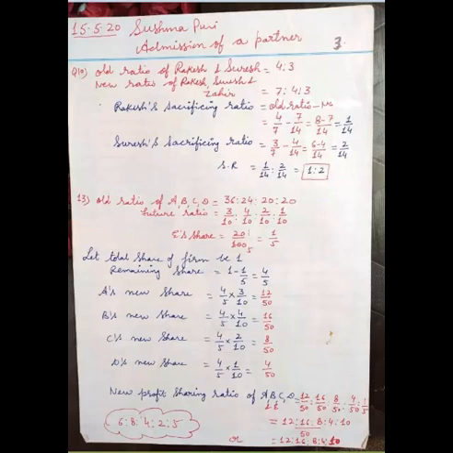Any doubt? Now question number 13. A, B, C, D are in partnership, sharing profits and losses in the ratio of 36:24:20:20 respectively.